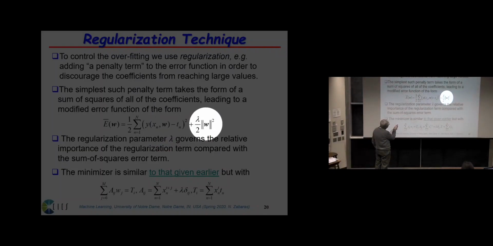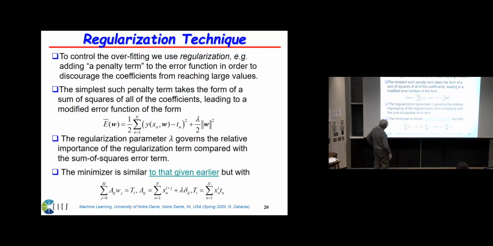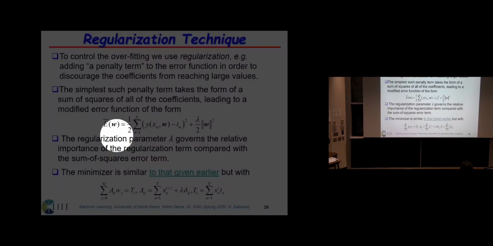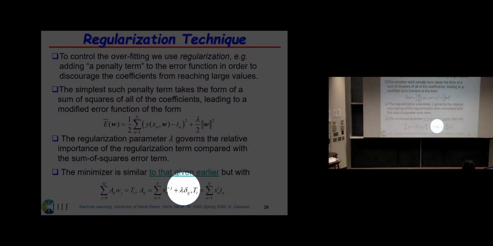You can explicitly write this in terms of w1 squared, w2 squared, etc., and take derivatives with respect to w. The system of equations looks like before, but notice the matrix A_ij has plus lambda in the diagonal. Can you see that from those equations? In the diagonal it says add a very small number. So you make that matrix A that we had before well posed by adding a very small number that comes from this regularization term.